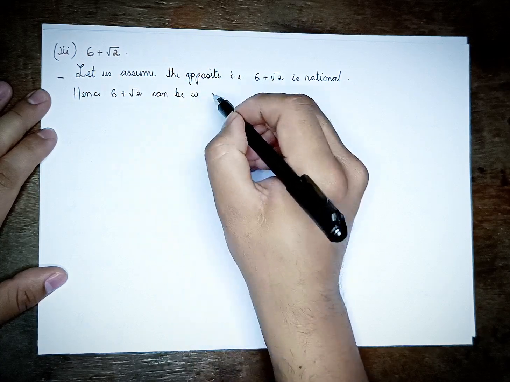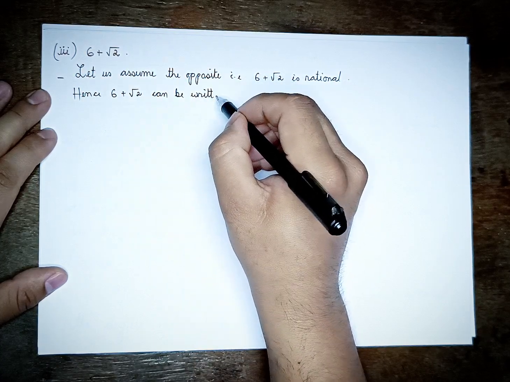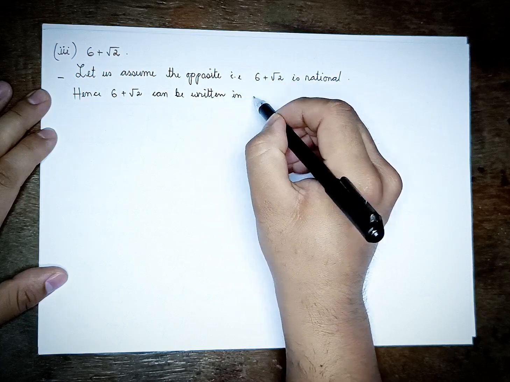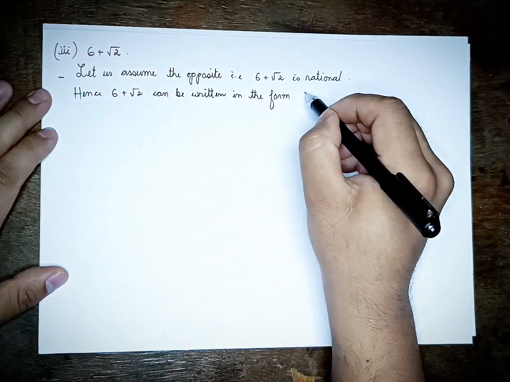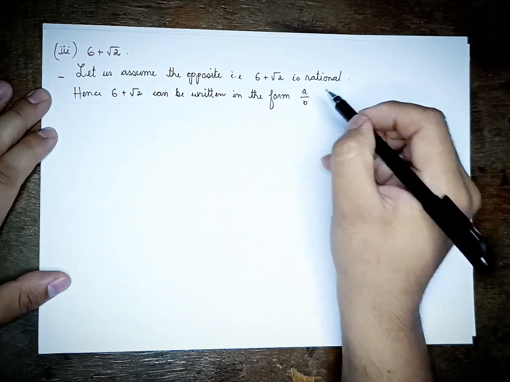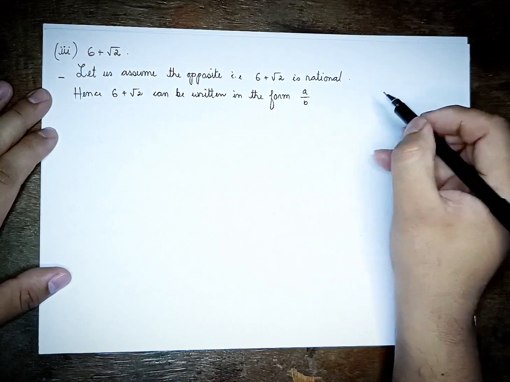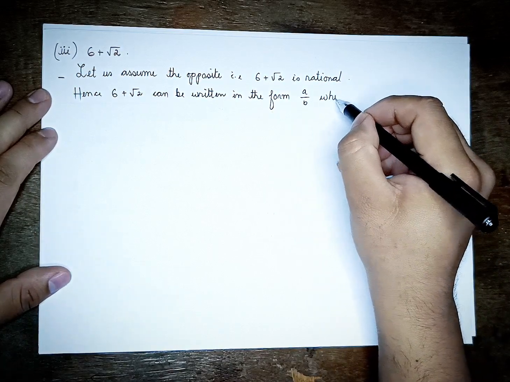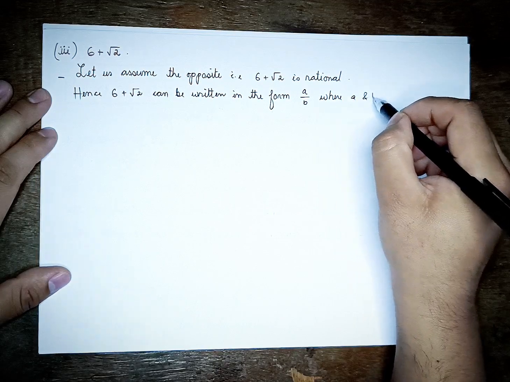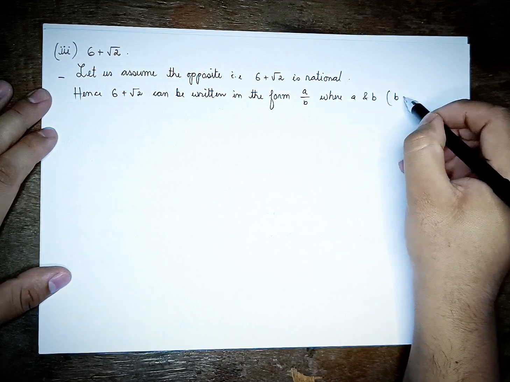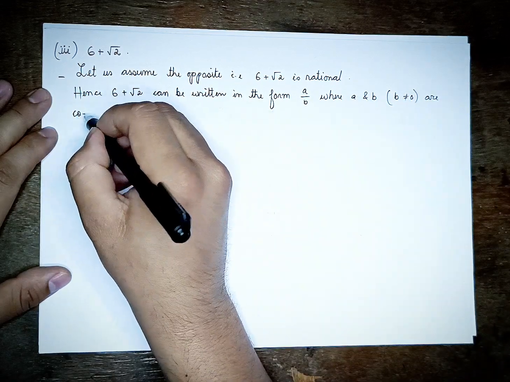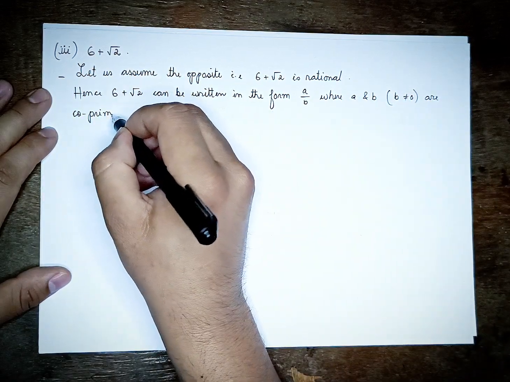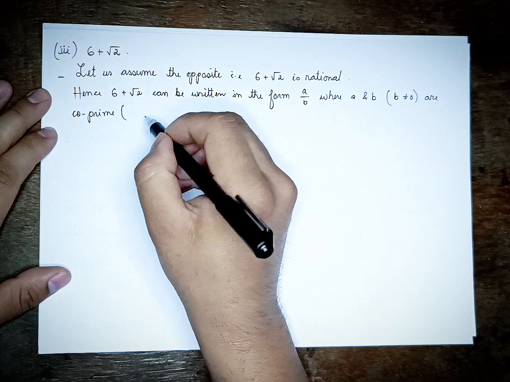6 plus root over 2 can be written in the form a by b, where a and b are coprime, and here b must not be equal to 0. Here coprime means no common factor other than 1.